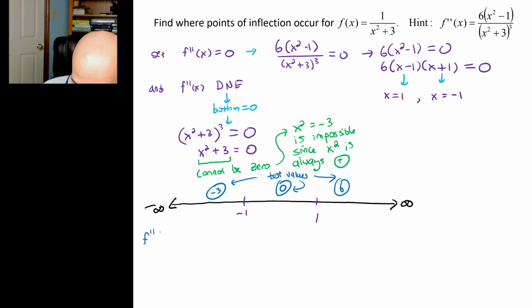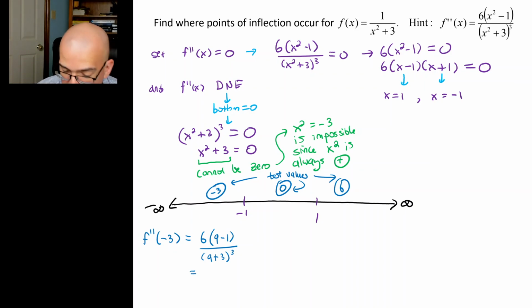f double prime at negative 3 is 6 times 9 minus 1 over 9 plus 3 cubed, which is going to be positive times positive divided by positive, so we're going to get something positive there.